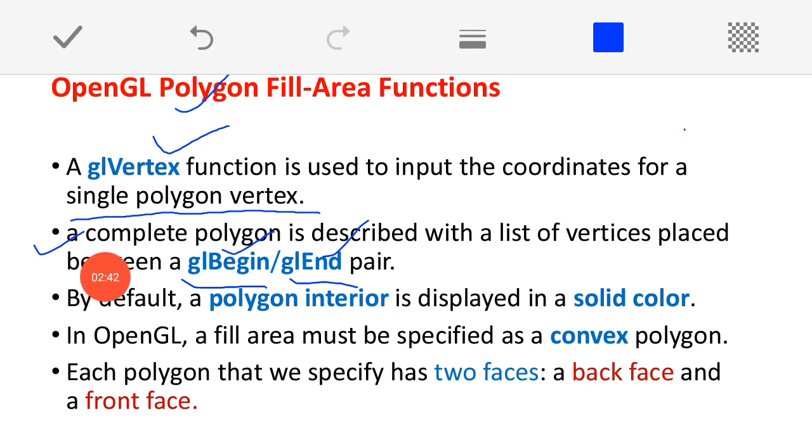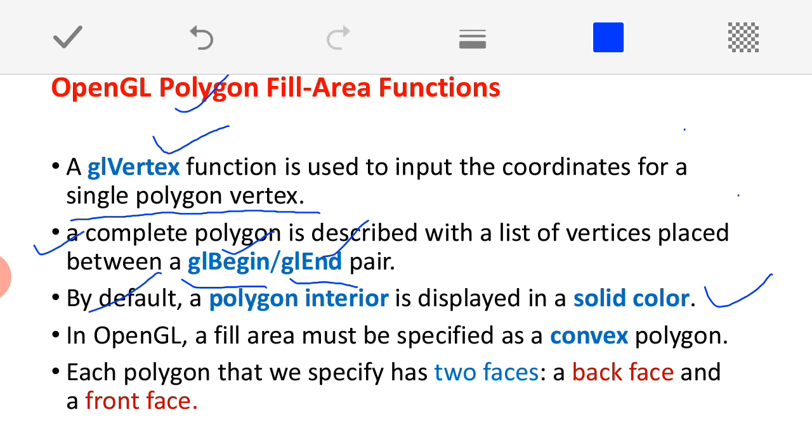The third point is, by default a polygon interior is always displayed with a solid color. I have already said that this is the polygon fill area, meaning whenever you draw any polygon using any symbolic constants readily available in OpenGL, for example a rectangle, square or triangle, then whatever color you have set by using the glColor function will be automatically filled within that polygon.